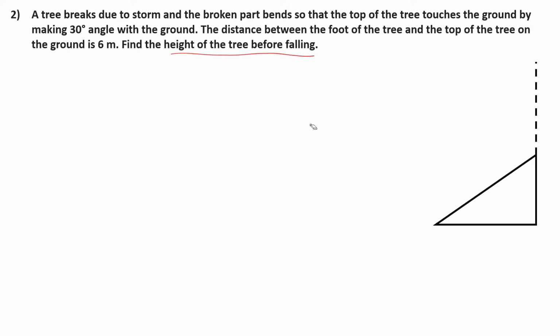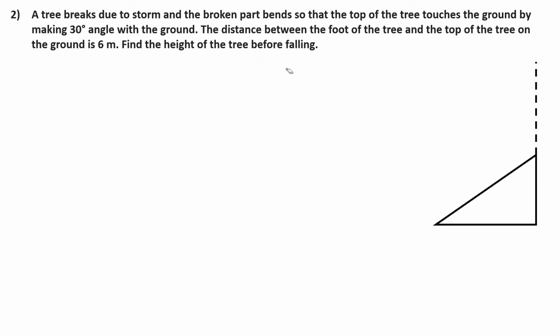Now here you can see this dotted line is nothing but the tree which is there before falling down. Now this part is broken and it is lying on the ground like this. So you need to understand this one.